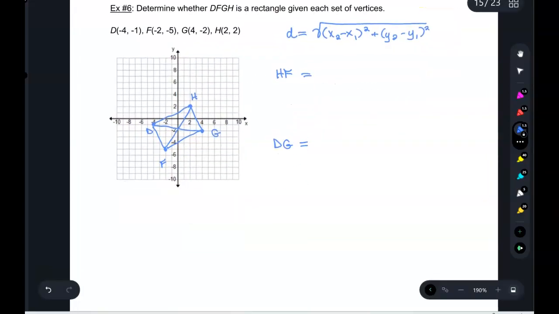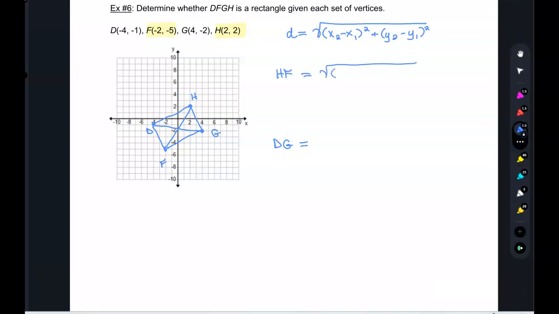And actually, I don't need the segment line above. Okay, so let's focus on H and F. It doesn't matter which one I make x1 and x2, or y1 and y2. What do you think? Square root. We remember this, right? So 2 minus -2 will make that 2 plus 2 squared. And then what? 2 minus -5.